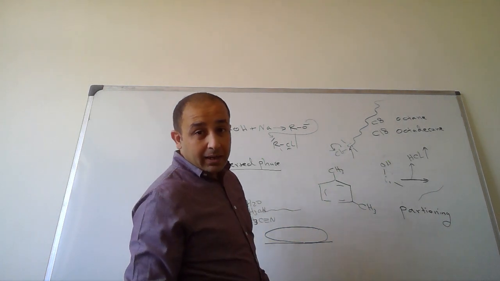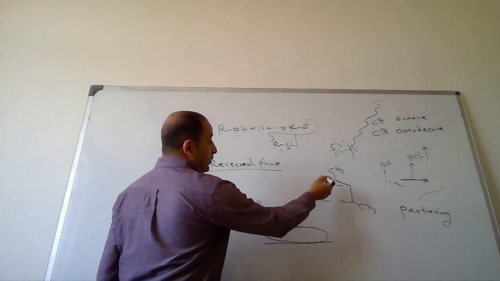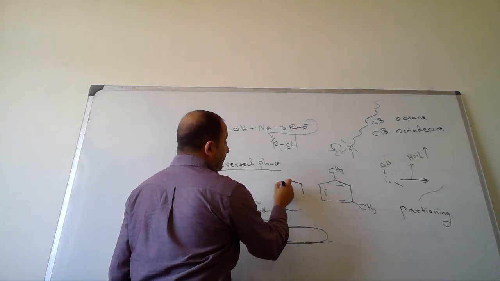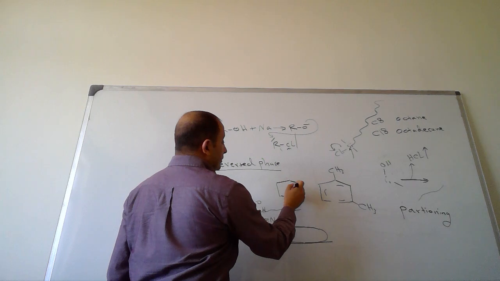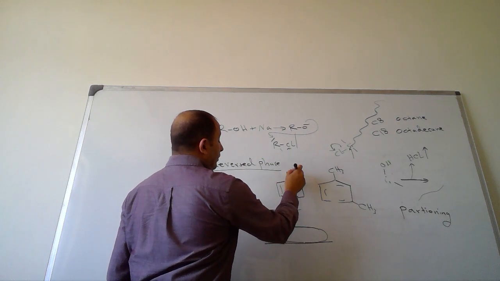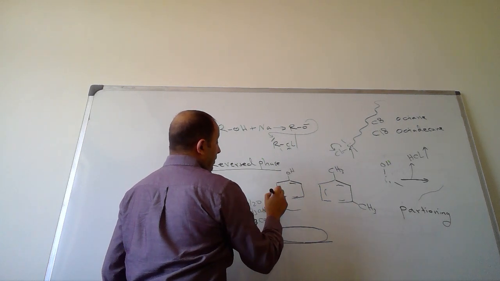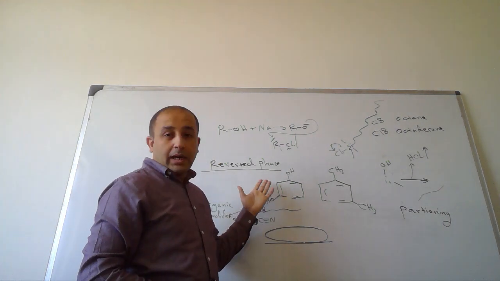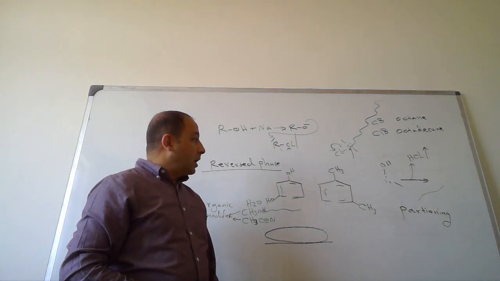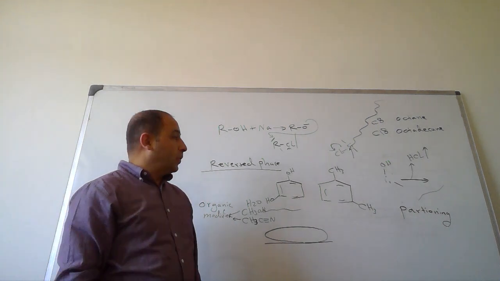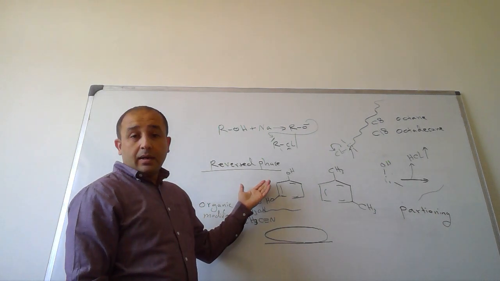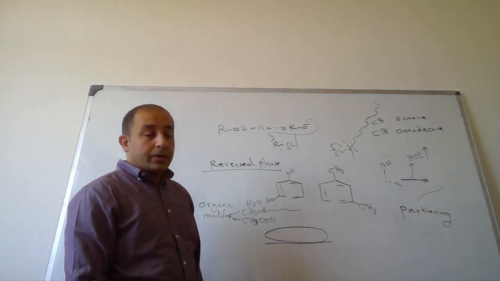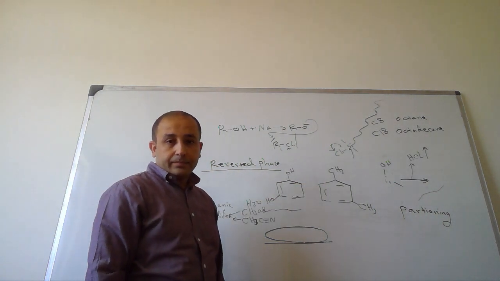For example, if we have xylene and we have, for example, resorcinol, one of the phenols. This is quite hydrophilic, this is quite hydrophobic. So we expect that resorcinol will be eluted before xylene.